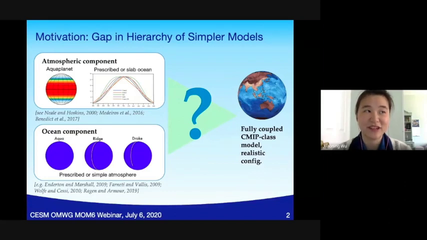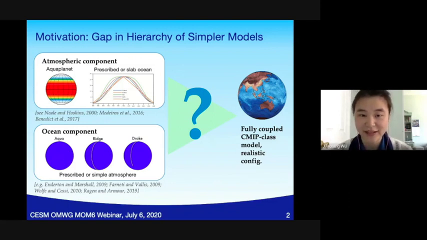The simplified model sitting at the top of the hierarchy, right next to the full comprehensive CAM, is an atmosphere-only aqua planet that has the full sets of atmospheric dynamics and physics, but with a simplified boundary condition in terms of a simplified SST profile that's typically zonally uniform.